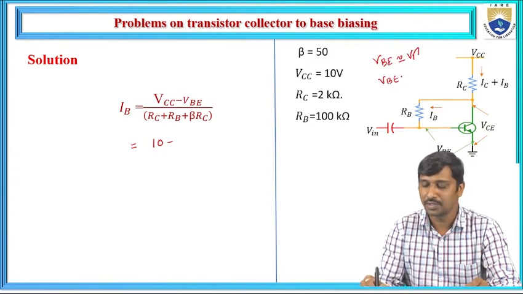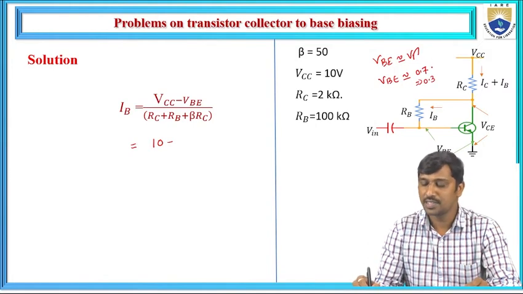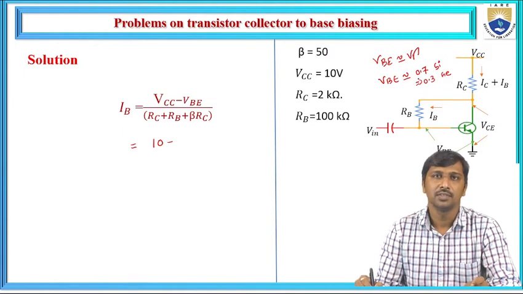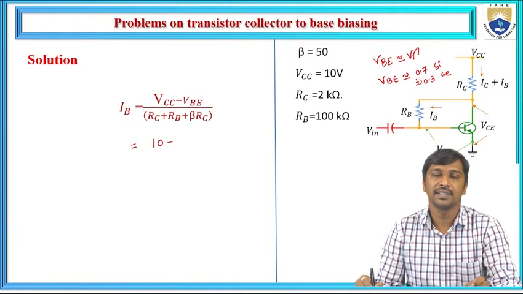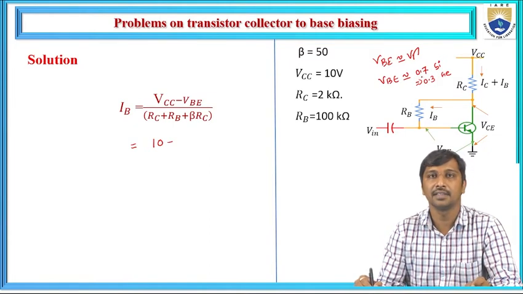You should consider that VBE is either 0.7 volts or 0.3 volts: 0.7 volts for silicon and 0.3 volts for germanium. That is your choice. In the problem, the type of transistor is not mentioned, so we need to assume it is made with either silicon or germanium.